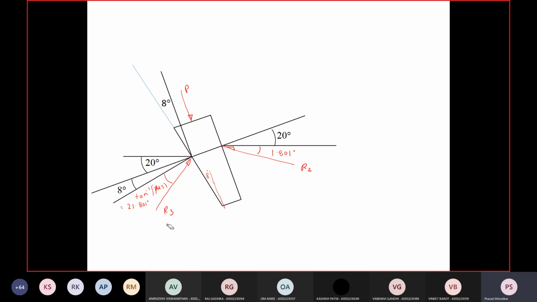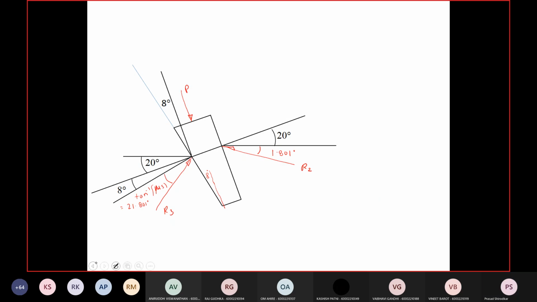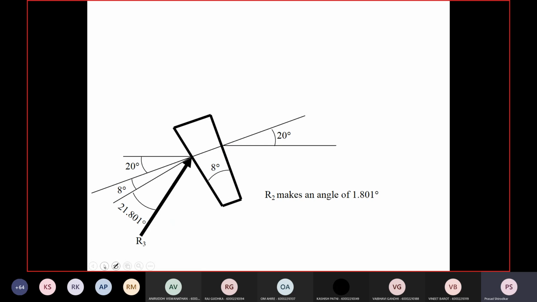Alright, so we have got all the angles now, and we have got all the forces. Now the total force will be R3, R2 and P. So now let's construct the Lami's diagram.